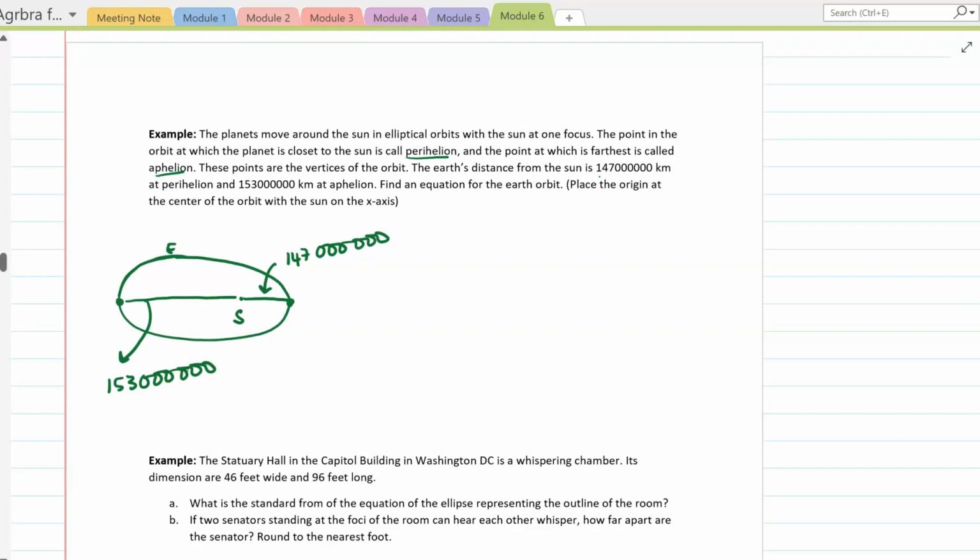And we want to find the equation of the orbit. Place the origin at the center of the orbit and the Sun on the x-axis. Okay, so let's say that we place this into an xy coordinate plane.